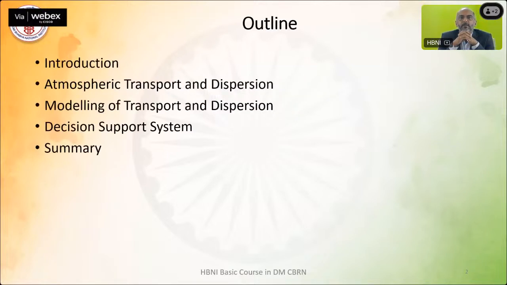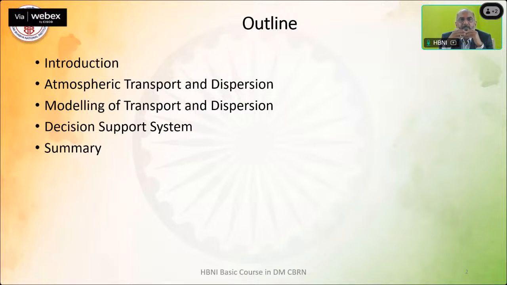Okay, so I will take this lecture in this format. I'll give a brief introduction about the modeling, how it is used, what is its importance, and then on the atmospheric transport and dispersion. Then I'll discuss the modeling of transport and dispersion.